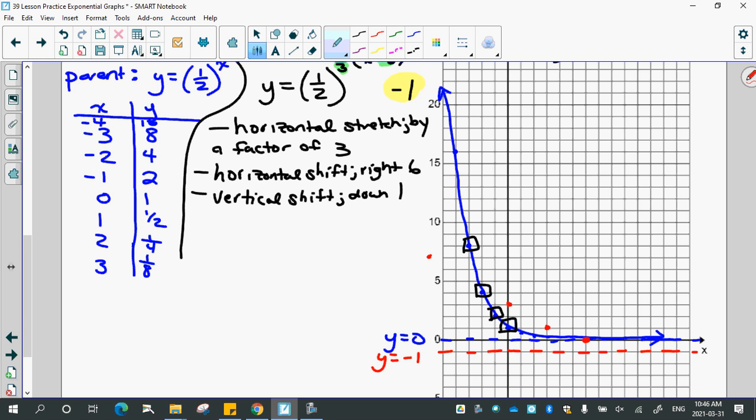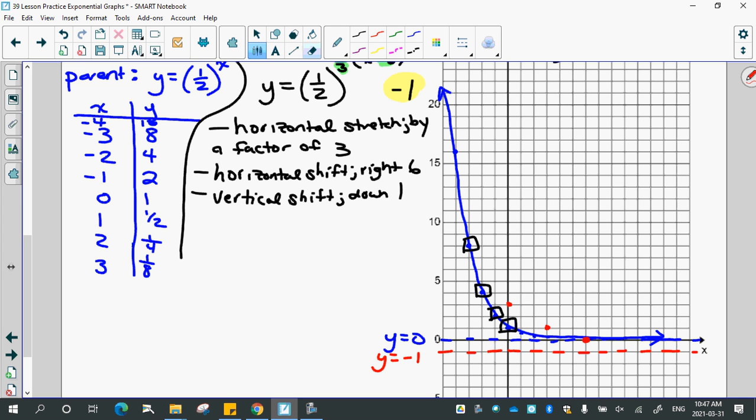3 times 3 is 9. 6 should put me at negative 3. Okay, sorry guys. So if you triple that, you're going to be at negative 9, but if you come back 6, you're going to be at negative 3.